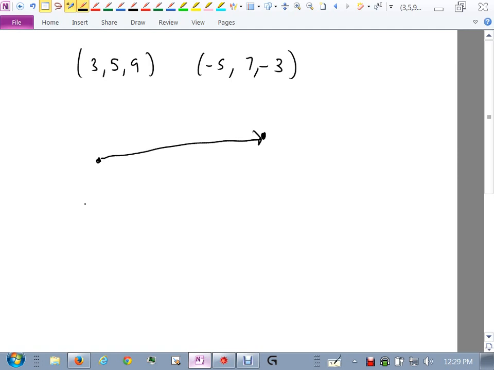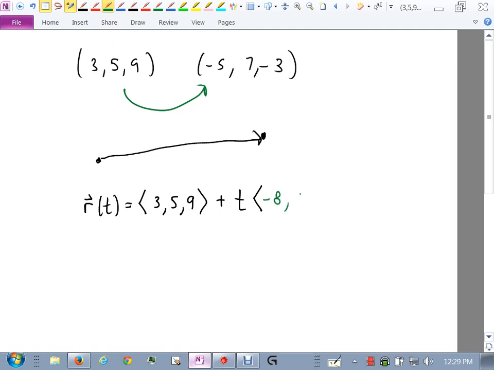So the way we did this, r of t equals r naught, which we'll use (3, 5, 9), plus t times the direction vector. What's my direction vector? I want to go from here to here: -8, -12, right? That will draw the entire line.